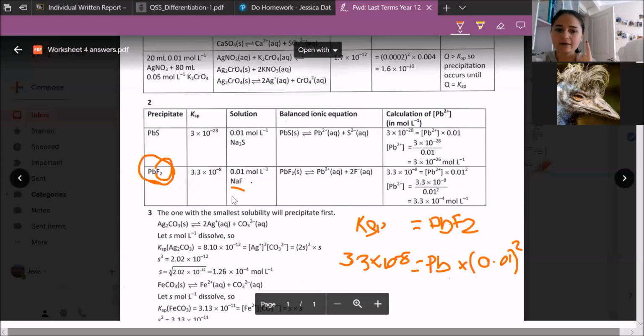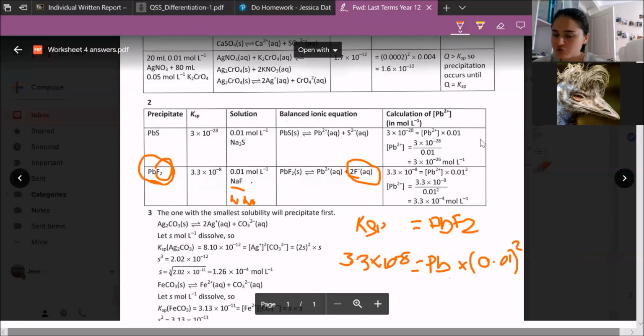If you break this down, NaF, you'd get Na plus and F minus. There's 1 fluoride. But we've got 2 in our precipitate, right? Can you see? We've got 2. Oh, yeah. Does that make sense? So because we're using the solution of NaF, we have to square it because in our question, we've got 2 fluoride. Yep.